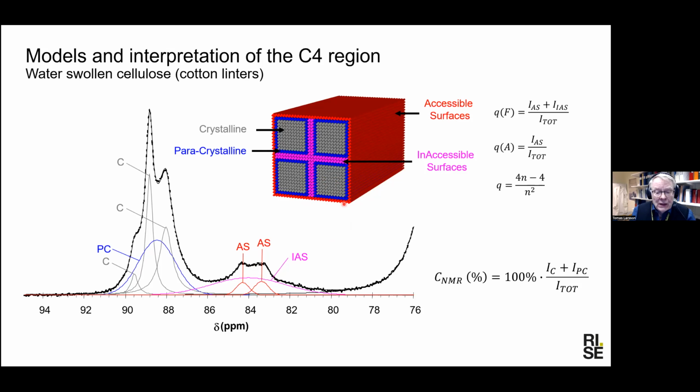Not only that, the polymers that constitute the surface of a fibril are separate signals over here, and the rest of the polymer signals are over here. This is from the C4. And this means that there is a difference in the position of the C4 for surface polymers compared to polymers in the interior.